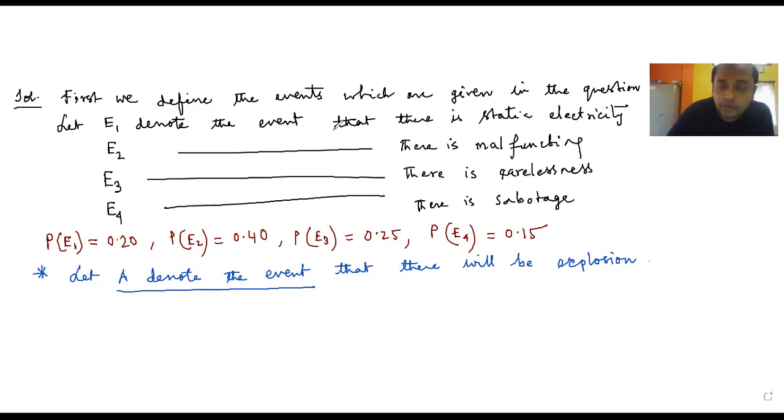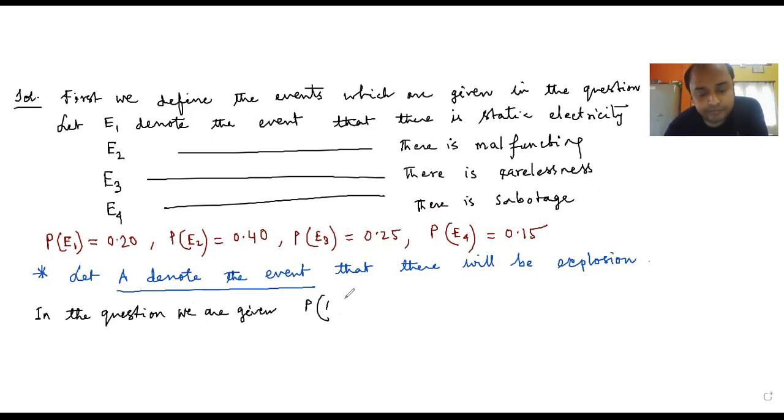Now, again, you look into your question and try to find out what other probabilities are given. Now they are talking about the effects. So in the question, we are given probability of A given E1.